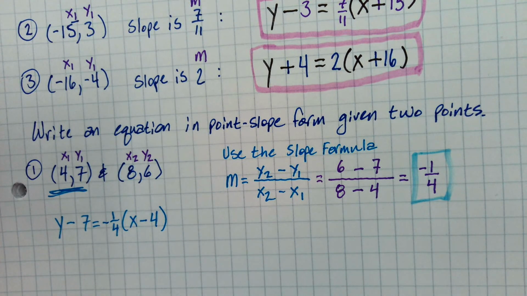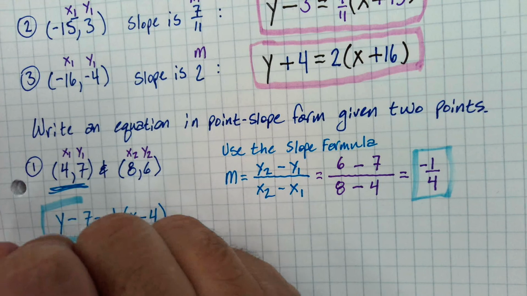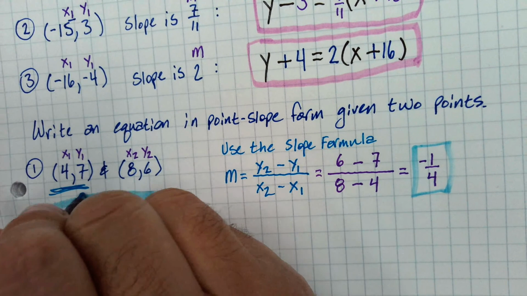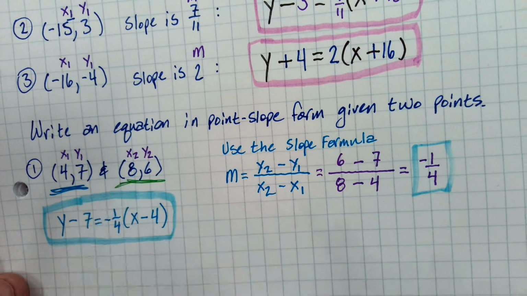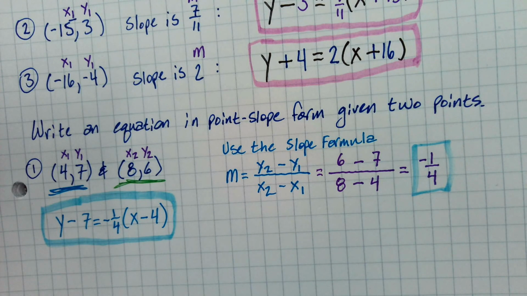Okay? So this is the answer I get using this point. Or, I'll color code this in green. What if I use this as my x1, y1? I could use those points. That one would be different, right?